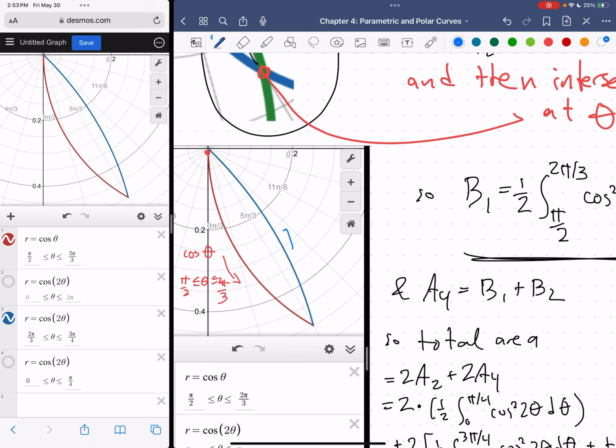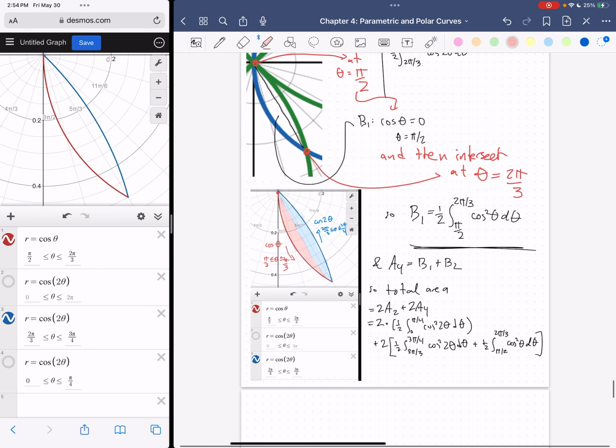And this part of the area is cos 2 theta, for theta from 2 pi over 3 to 3 pi over 4. And we need to realize that's exactly what the area is. We never have an inside minus outside as just those. So I would say this kind of thing is more difficult than area between curves for sure, because it's hard to wrap your brain around it, but that's it.